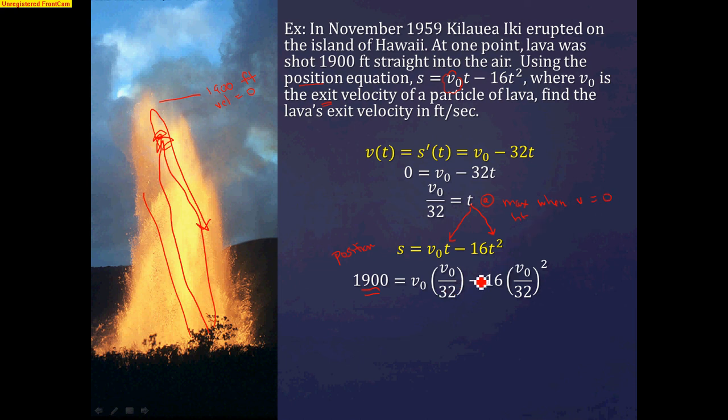So I just did algebra here, right? I now only have one unknown, V0. I can solve this for V0. So I have V0 squared over 32 minus 16 V0 squared over 32 squared, and I get a common denominator of 32 squared.